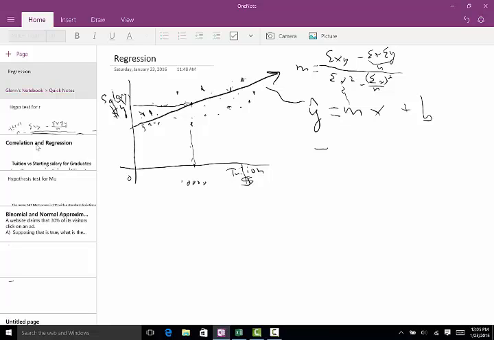If you think of it, what you're doing to find this line is finding the best line, that is, the line for which the errors, that is the distance from these points to the line, is the smallest of all possible lines. And actually think about this line. At a level of $10,000 tuition, there are probably a lot of colleges that charge that tuition, and this would be the mean, the expected value.